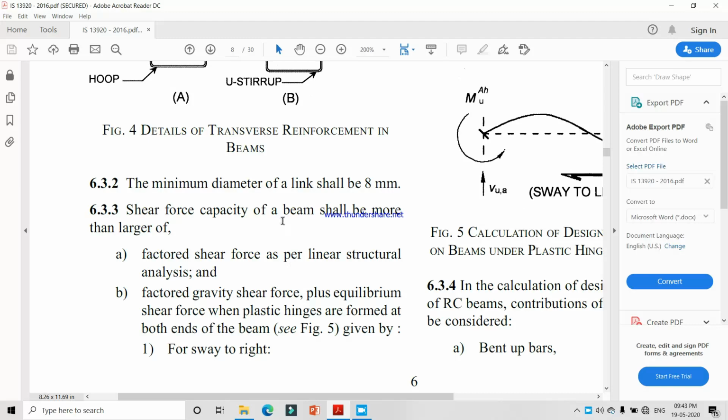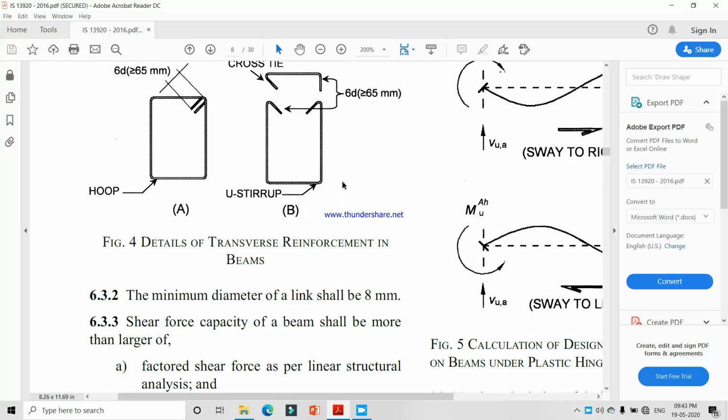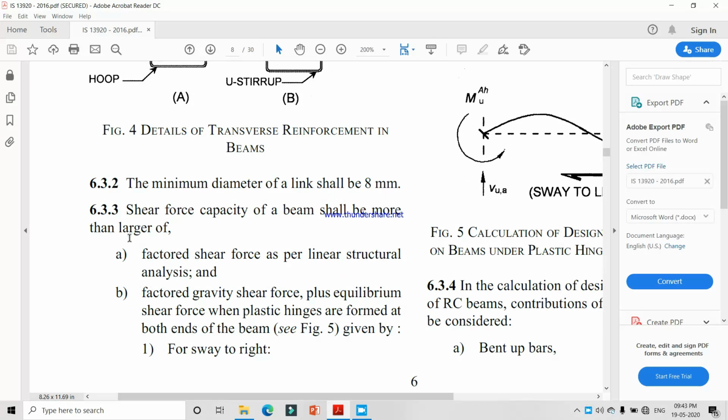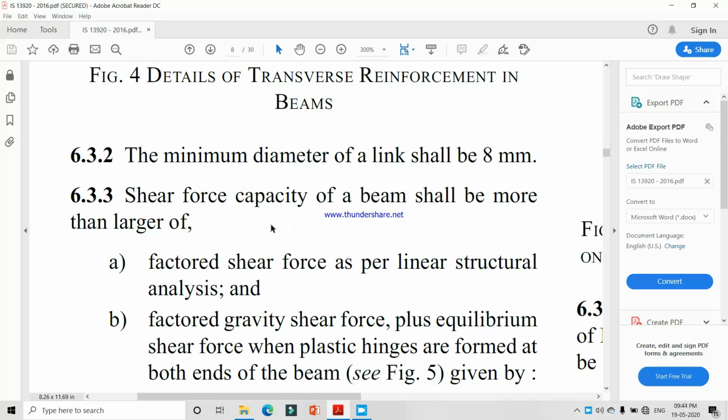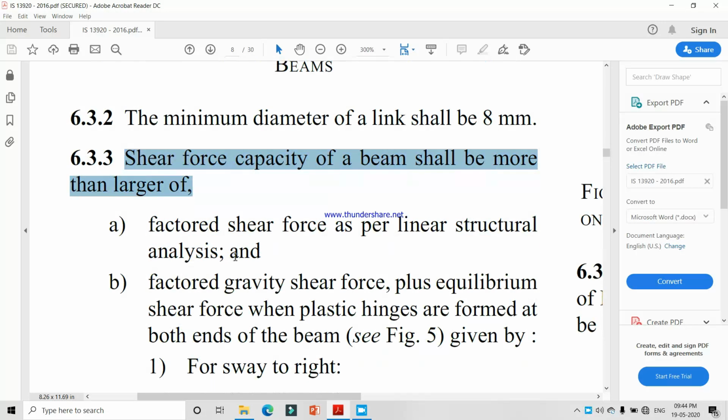The minimum diameter of the link shall be 8 mm. The shear force capacity of the beam shall be more than the factored shear force. That means these are the requirements, and we provide greater shear reinforcement.